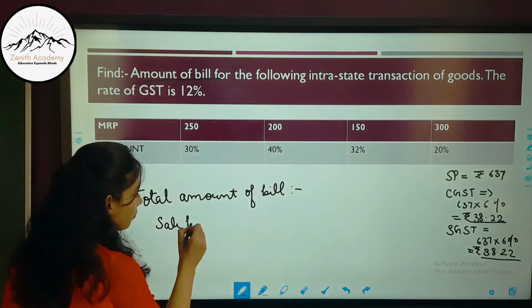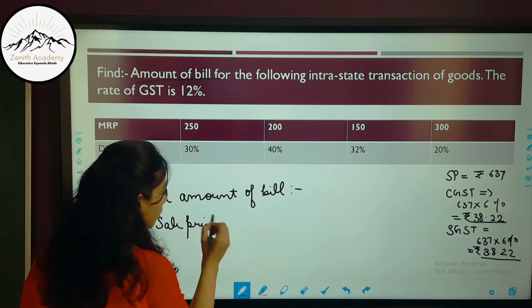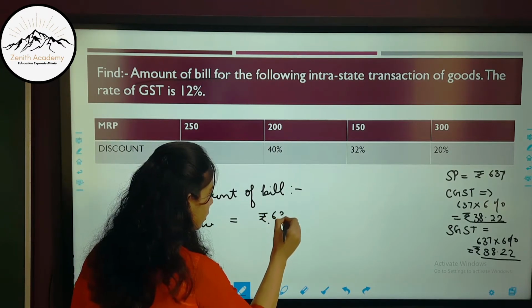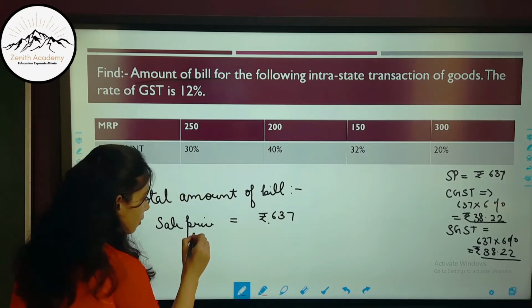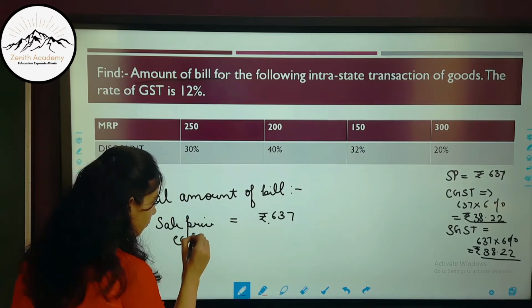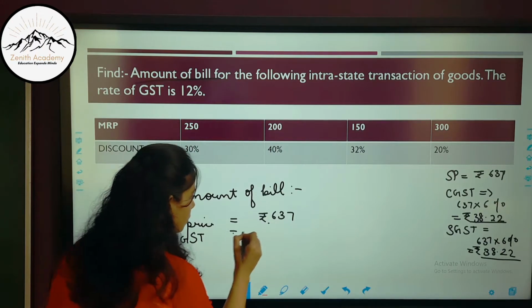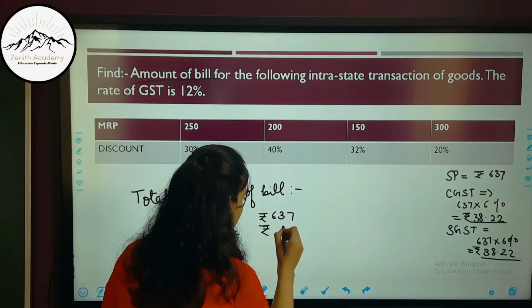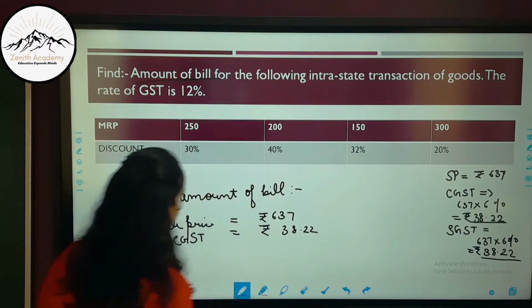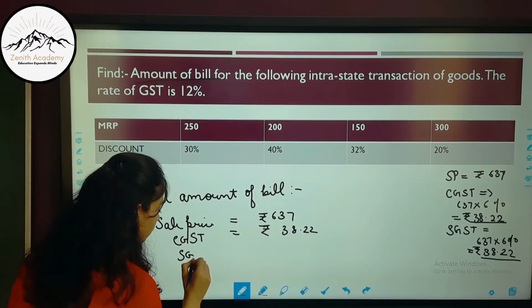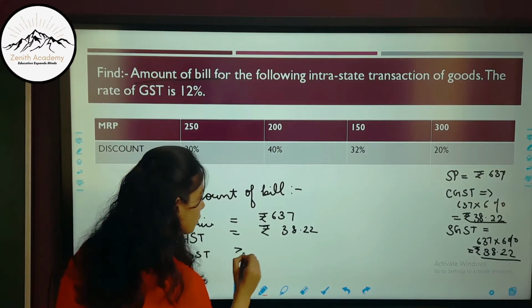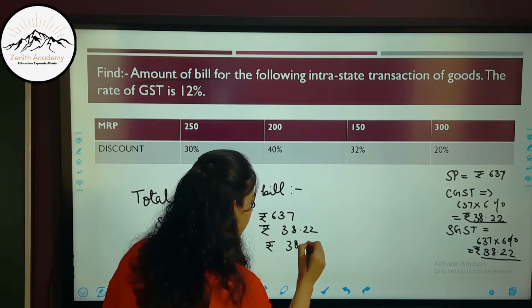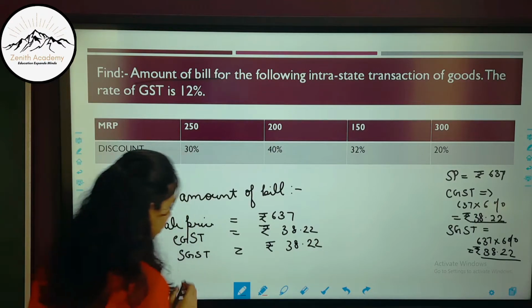Sale price, which is equal to rupees 637, CGST, which is equal to rupees 38.22, and SGST, which is equal to rupees 38.22.